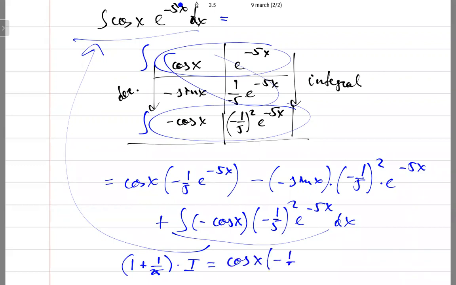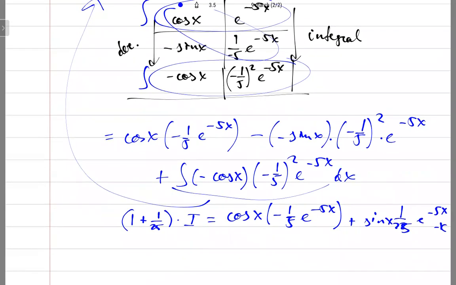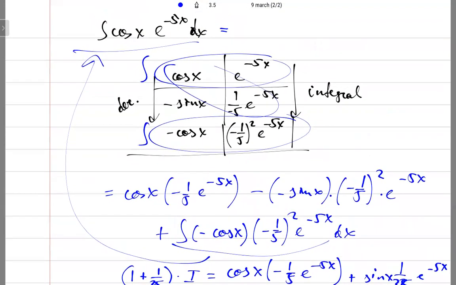I will write the answer completely: minus plus sine of x, 1/25 exponent minus 5x, plus c. And so basically, I will just divide by 1 plus 1/25, and I will obtain my integral I.